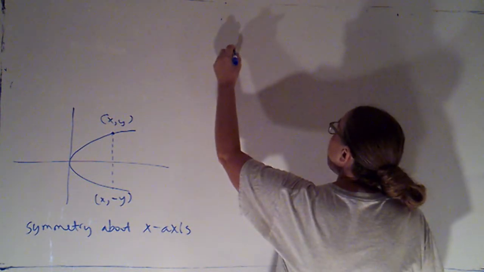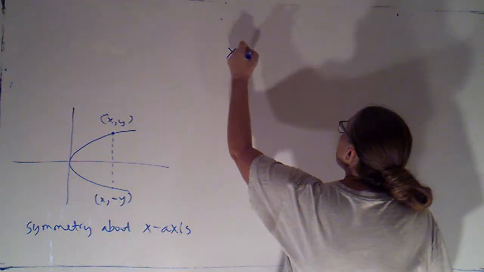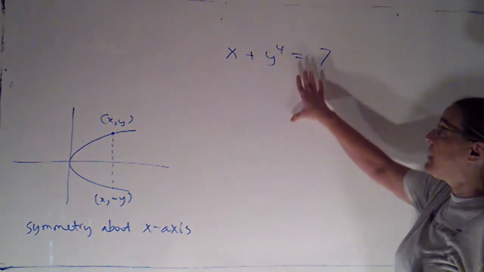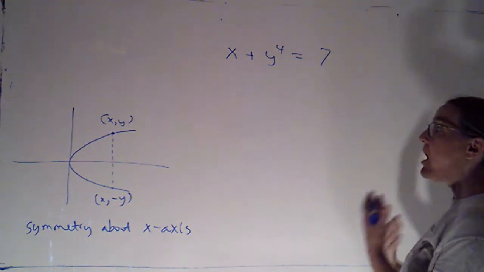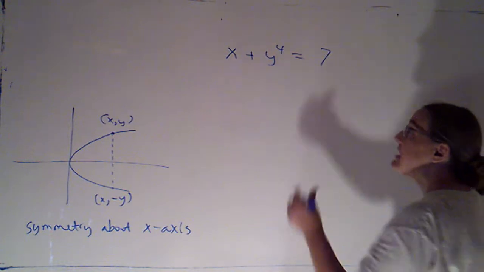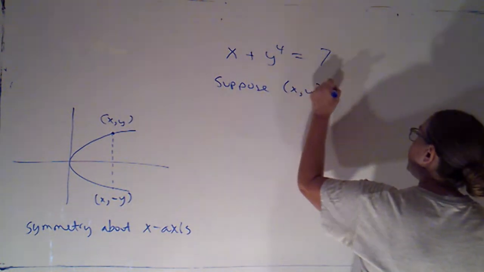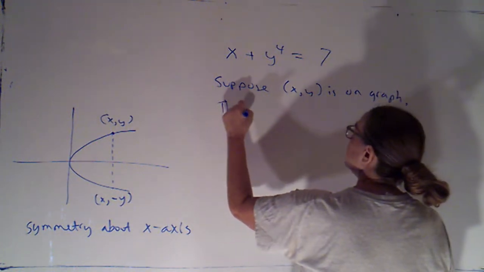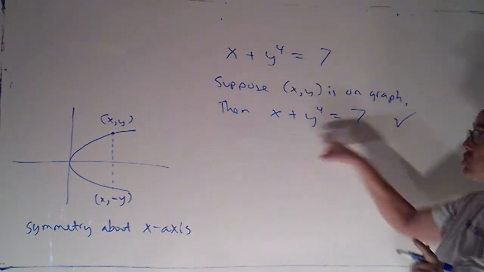Let's say I had x plus y to the 4th equals 7. And I want to know, does this graph exhibit symmetry about the x-axis? So I would suppose that x, y is on the graph. And that would tell me that when I plug in those numbers, I get an equation that's true.